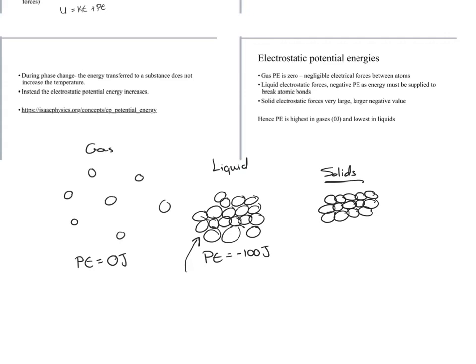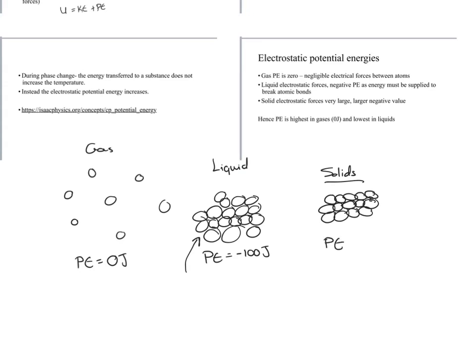Hence, it will have a very large negative value because there's a lot of stored potential energy between them. Obviously, once those bonds are broken, the energy is released. But while the solid is still in a solid form, it has very large stores of potential energy.